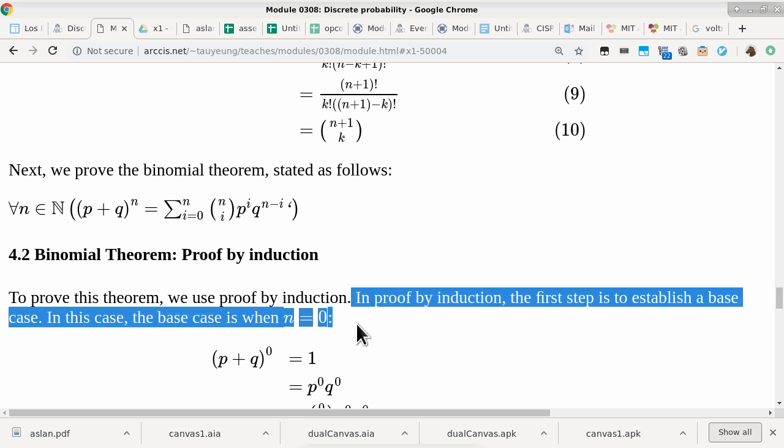So in proof by induction, the first step is to establish what we call a base case. Base case, all it means is to say, let's not consider every n that is possible here, because there are an infinite number of values of lowercase n where this theorem is supposed to apply, right? So we'll just fixate on one and say, can we prove this theorem when n equals a particular value?